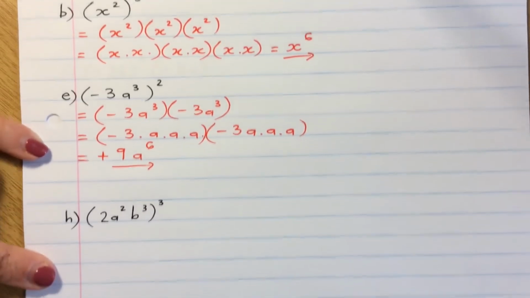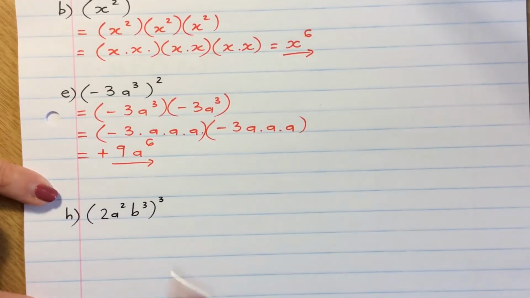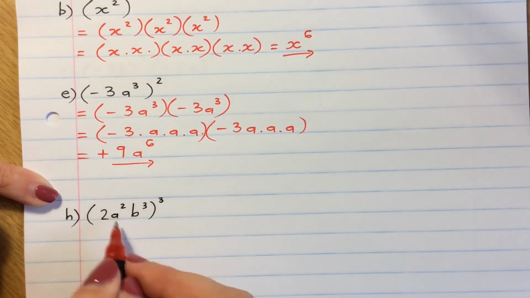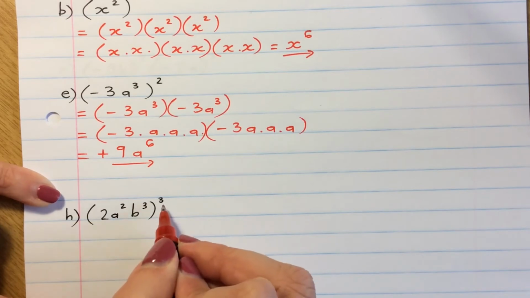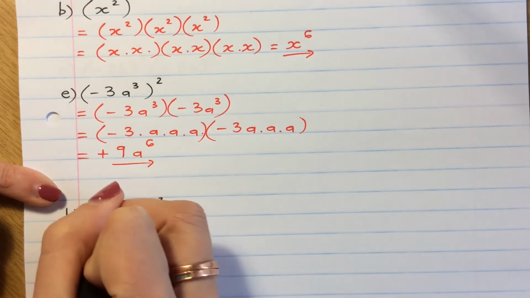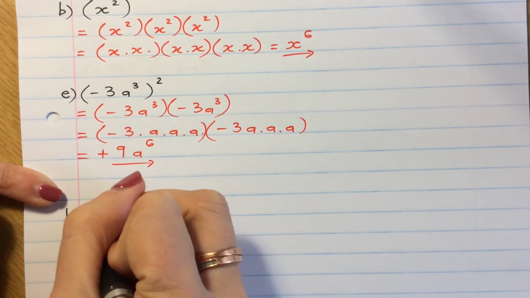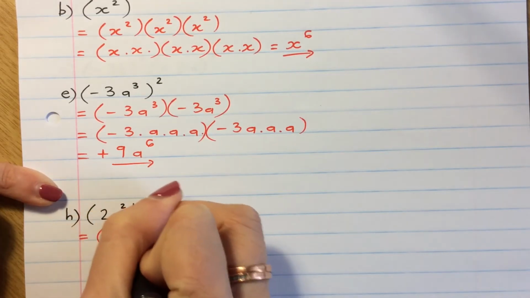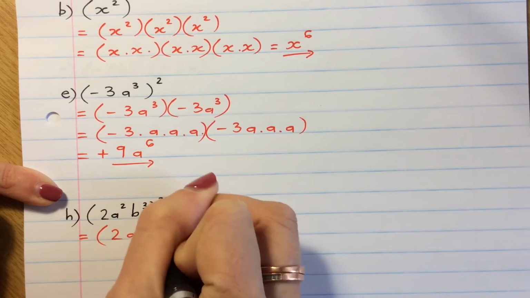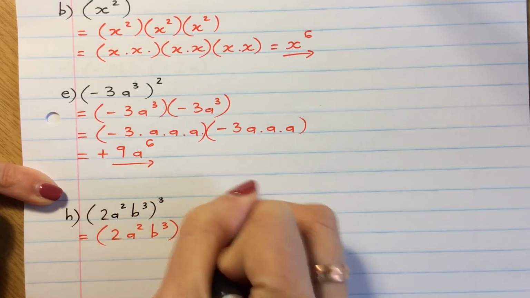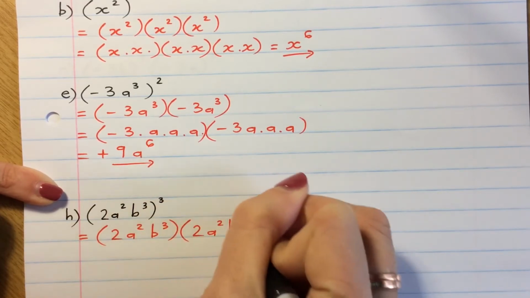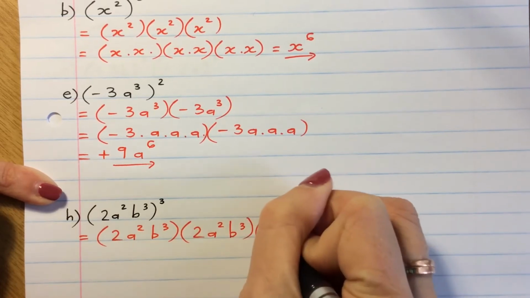All right, let's move on to question H. So now I've got quite a bit going on in that bracket, and it's to the power of 3. So that means that I'm going to have to start by writing my bracket out 3 times. So 2a squared b cubed, that's my first one. 2a squared b cubed. And last time.